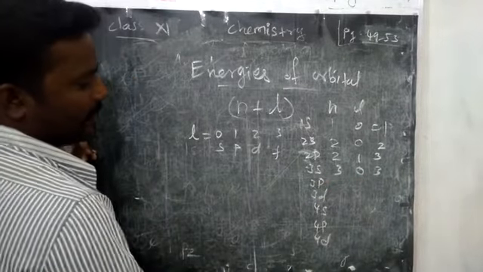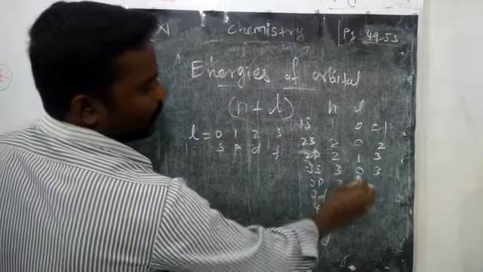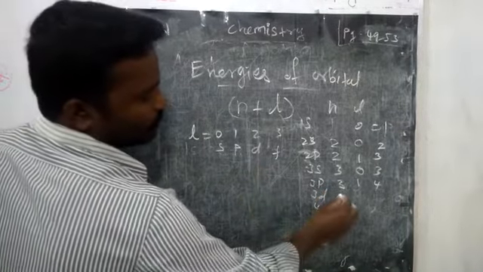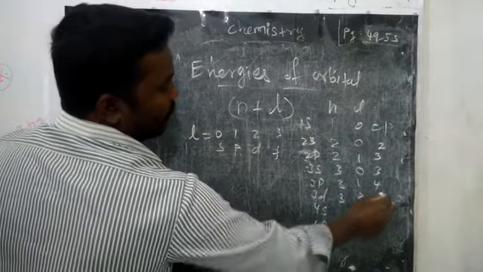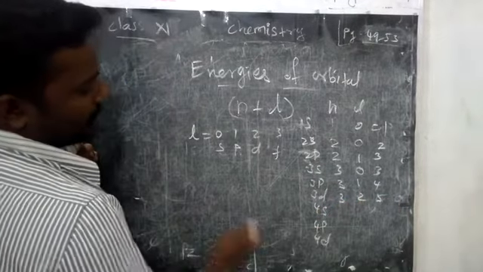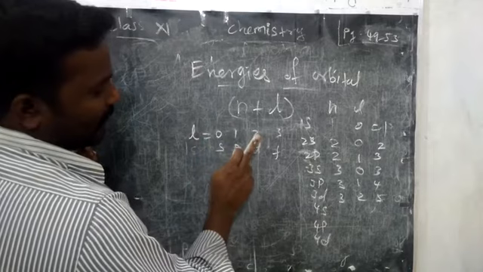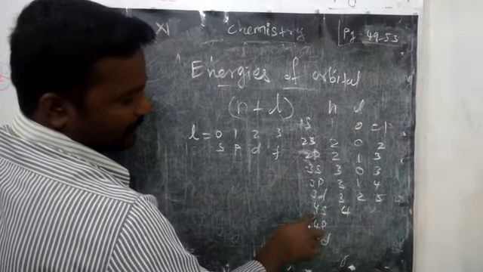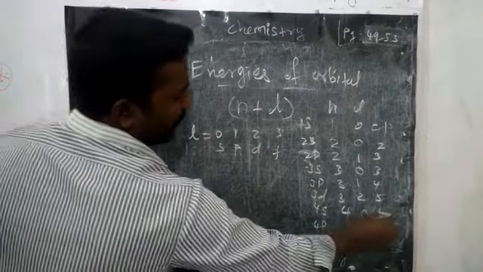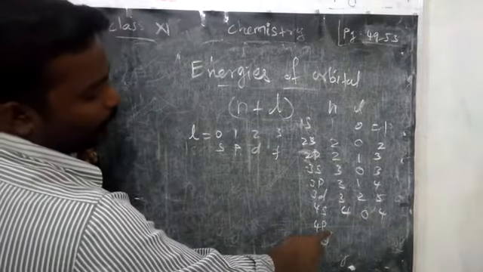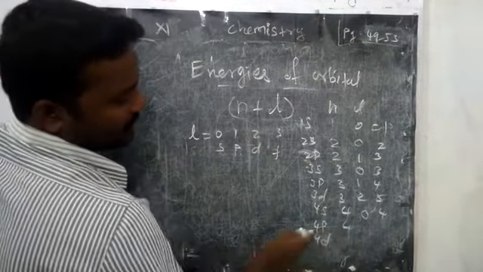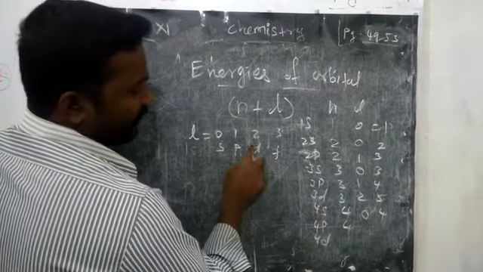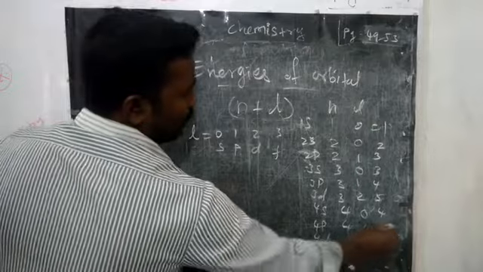Next 3p, L value 1, so 4. Next 3d, d value 2, so 3 plus 2 is 5. Next 4s, n value 4 and s value 0, so 4 again. Then 4p: the n number you can write, but the L value will change. P value 1, so 5.